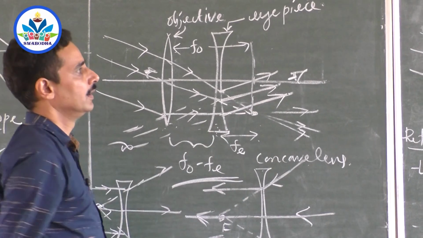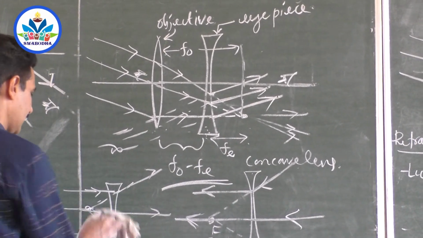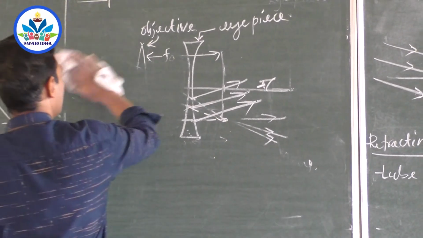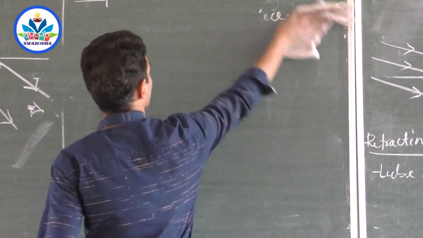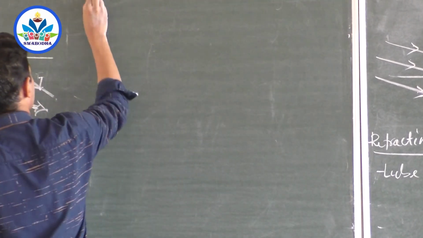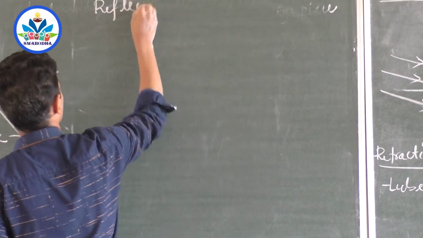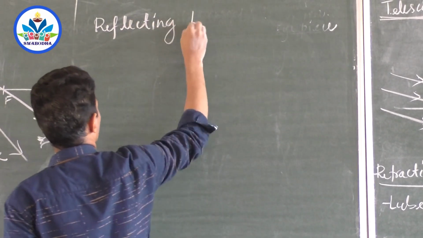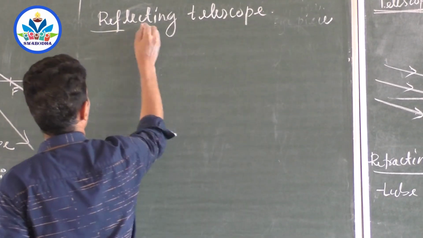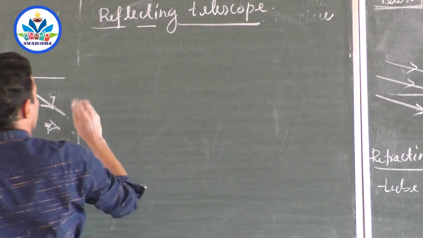You have a refracting telescope using convex lenses. But you also have a reflecting telescope, the Cassegrain telescope. What is a reflecting telescope? It uses mirrors.